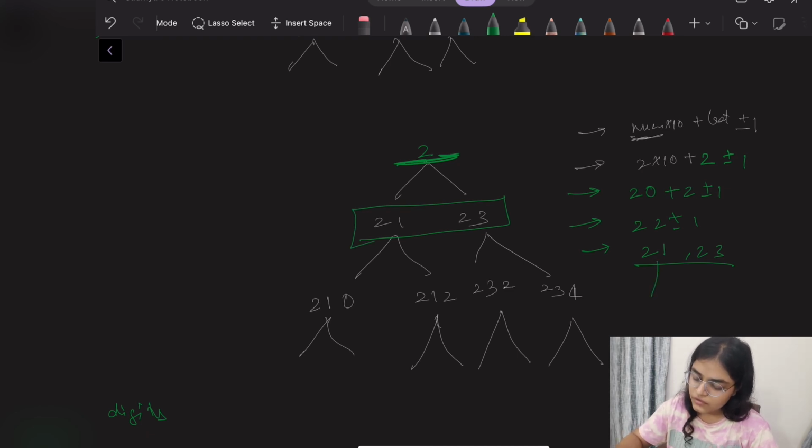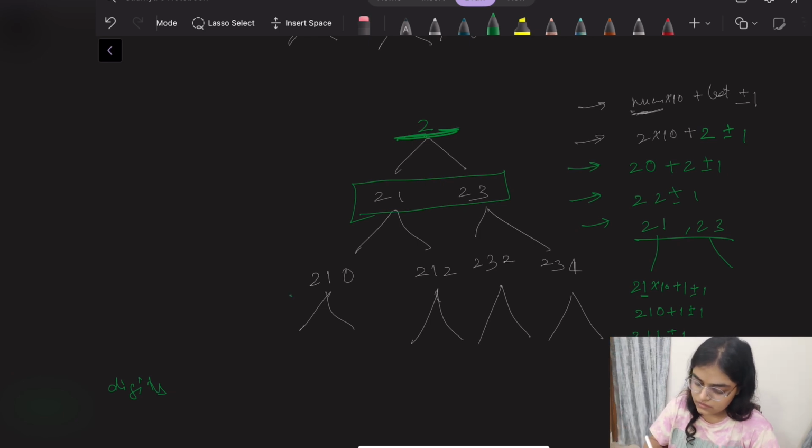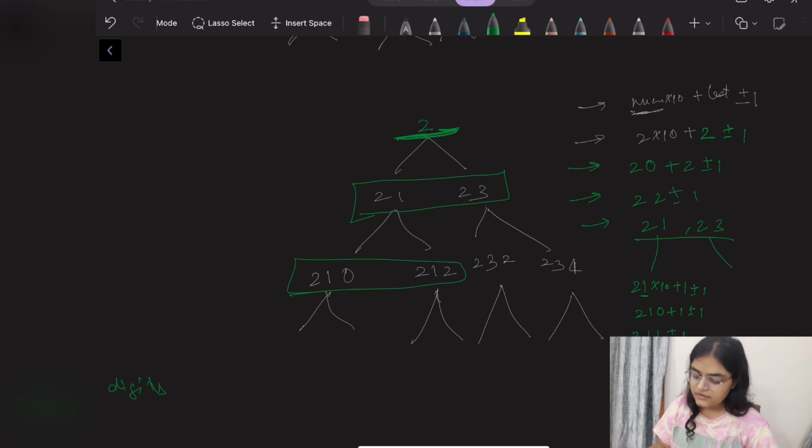Again for 21 and 23, 21 times 10 plus last digit 1, plus minus 1, gives 210 plus 1 plus minus 1, so 212 and 210. Okay, so I think the formula that we derived is correct.